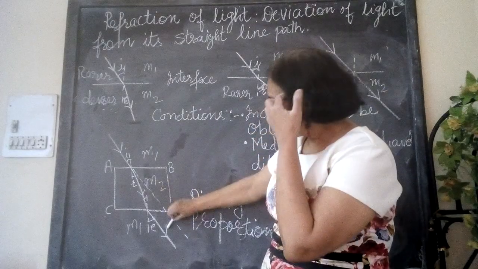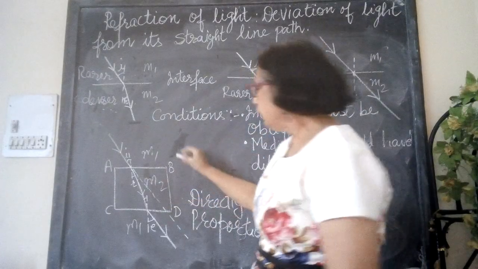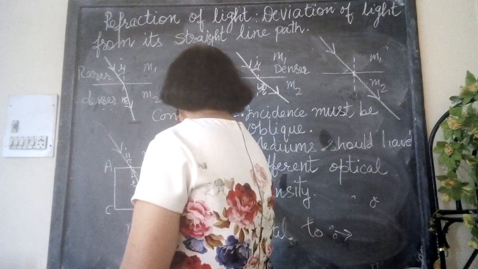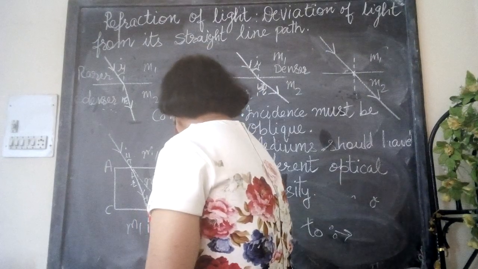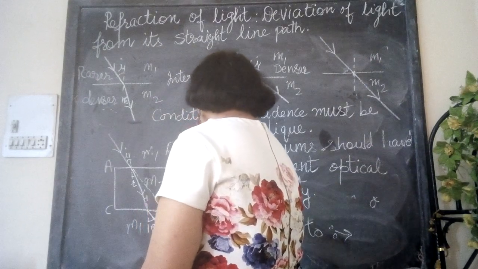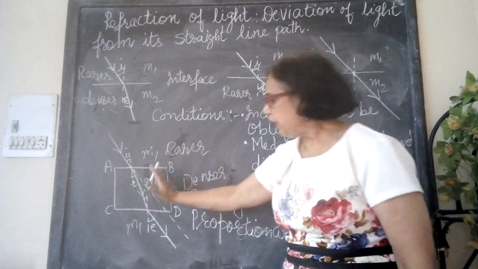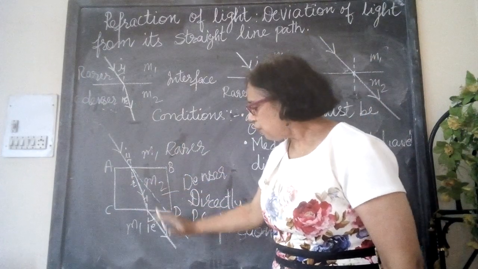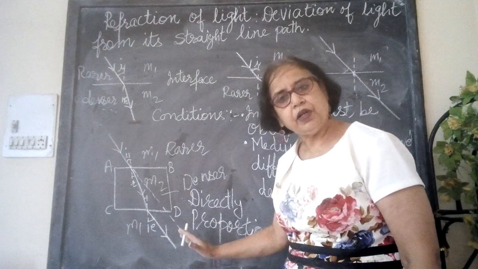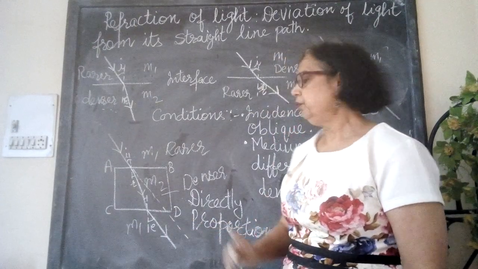Why? Because these two mediums are rarer mediums. Their optical density is less and M2 is the optically denser medium. So rarer to denser, bending towards the normal. Denser to rarer, bending away from the normal. Is this clear?